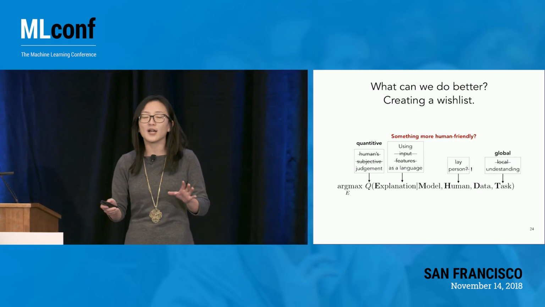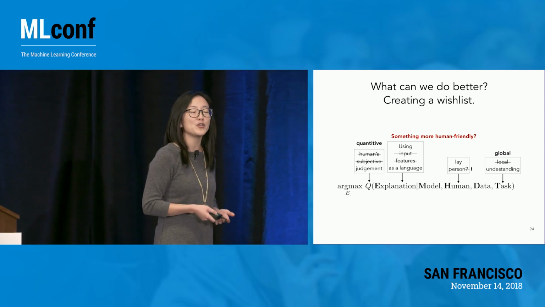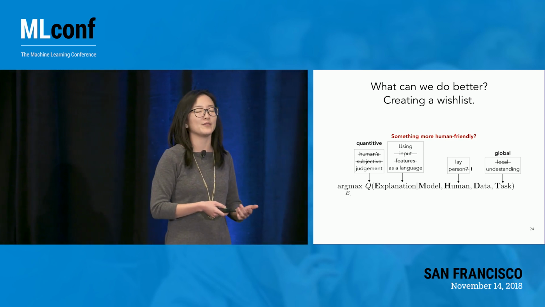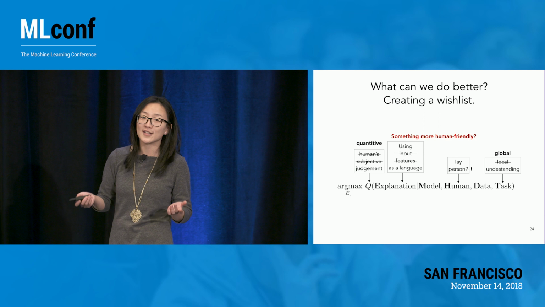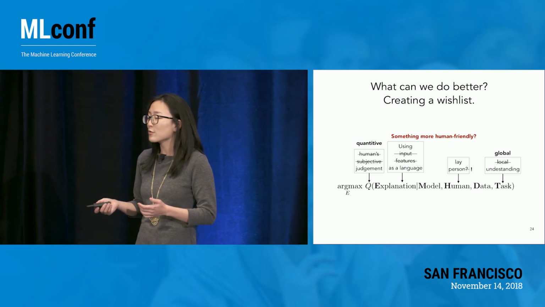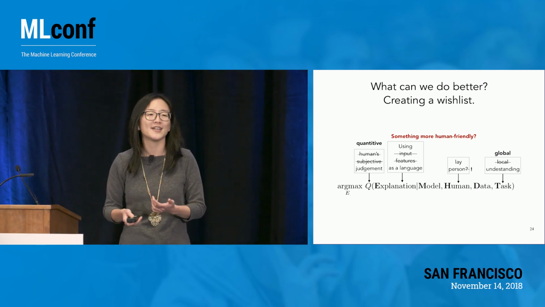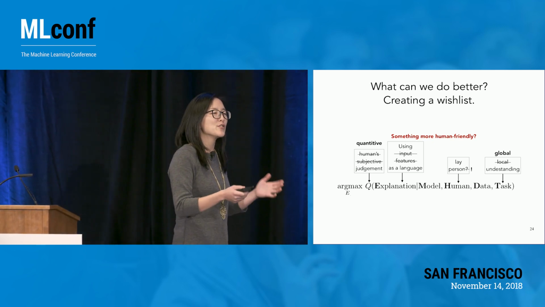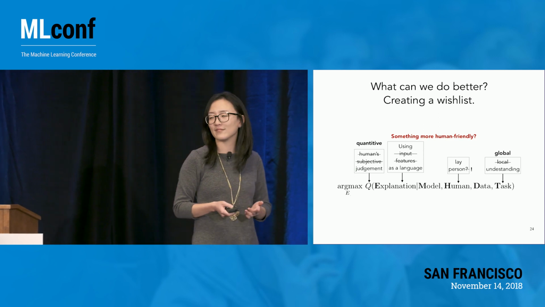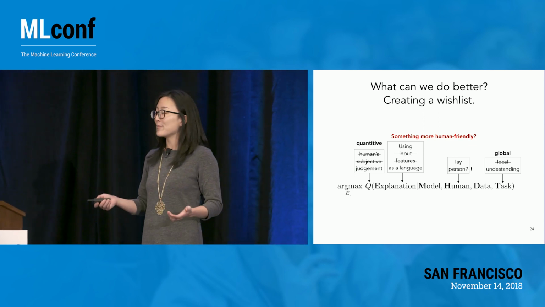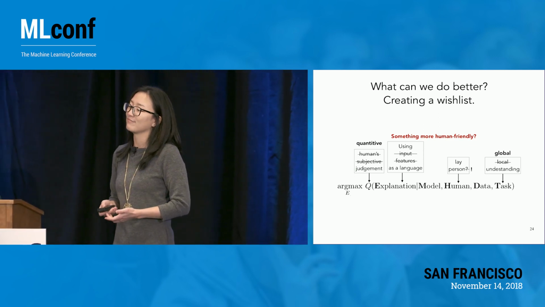Well, maybe it was a problem that we left it up to the human, that the Q was subjective. Maybe we need something more quantitative. Maybe it was a problem that we used pixels, because humans don't think in pixel space. Maybe we'll use something more intuitive, more high level. And maybe that can help laypeople understand explanations better.